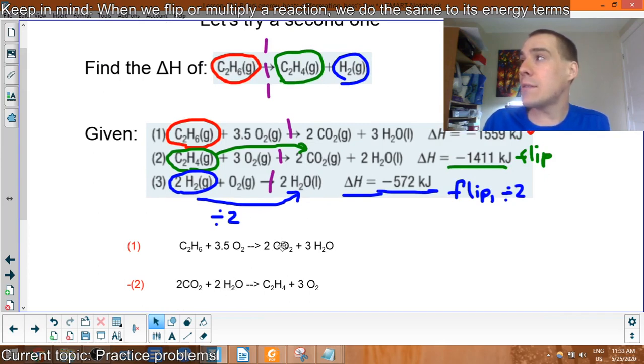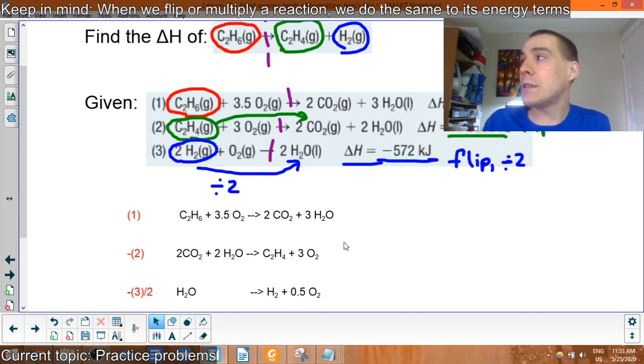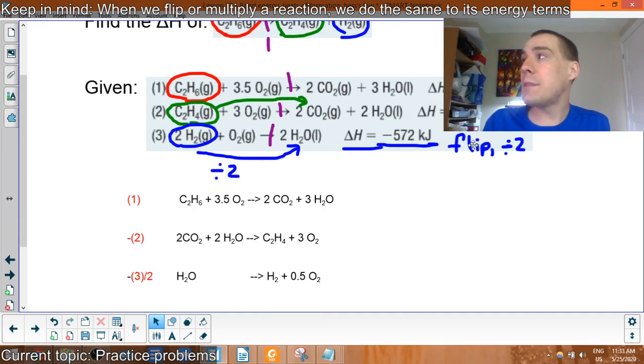And on the products, we have our 1 C2H4 and our 3 O2s. And the last one, we have to flip it and divide it by 2. So instead of 2 H2O, it's only 1 H2O, and on the other side, instead of 2 H2, it's 1 H2, and instead of O2, it's half an O2, 0.5 O2.